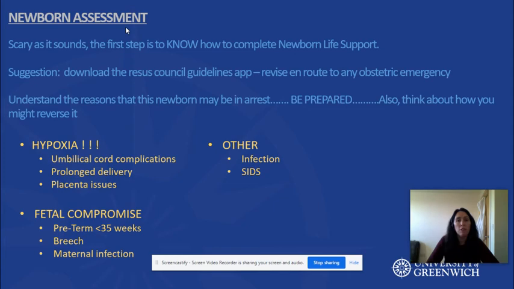So first of all is hypoxia. Now, I've told you with pediatrics, especially with the smaller ones, the main cause of arrest is hypoxia. They will die from a respiratory arrest more often than a cardiac arrest or trauma, unless, of course, there's a pre-existing condition that might cause a cardiac arrest. So we're thinking constantly, we need to be delivering oxygen.